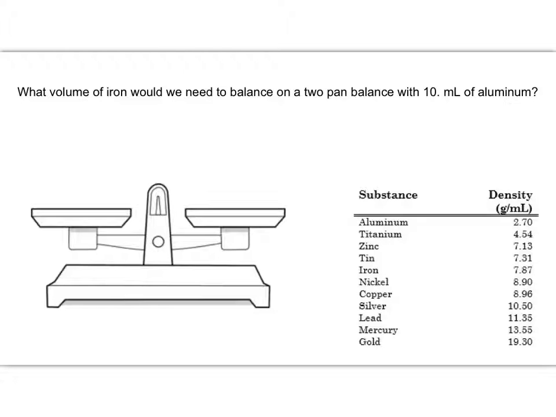Let's imagine that we have a problem such as this, where we want to find a volume of iron that will balance on a two-pan balance with 10 milliliters of aluminum. So we can imagine, on one side, we have aluminum, and it's 10 milliliters.